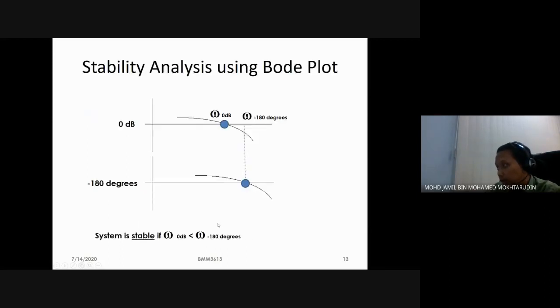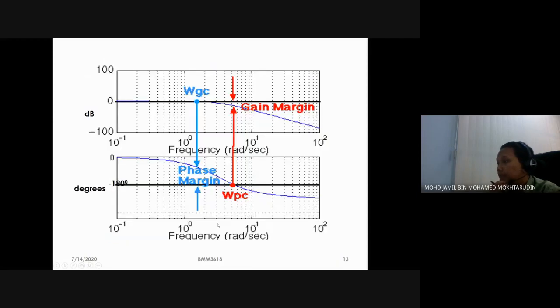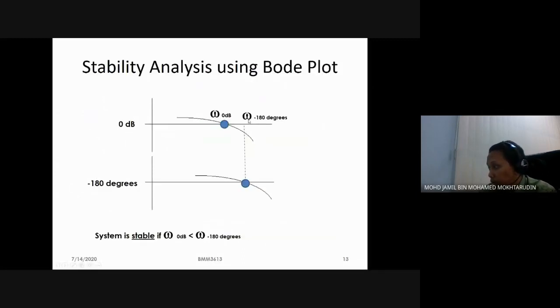Now, how to determine the stability of a system using a Bode plot based on gain margin and phase margin. Omega 180 degree is the gain margin frequency, and this is the phase margin frequency. If the phase margin frequency is less than the gain margin frequency, the system is stable.